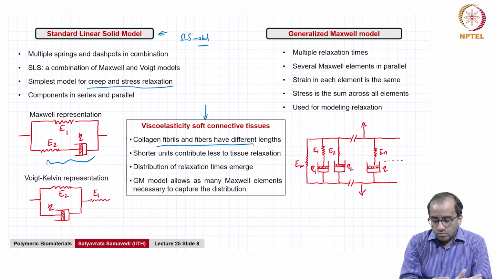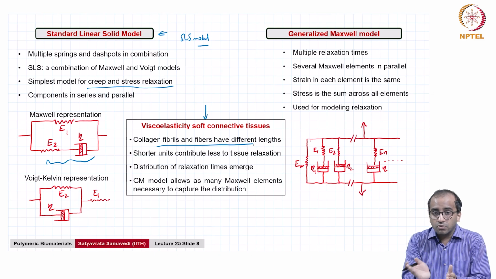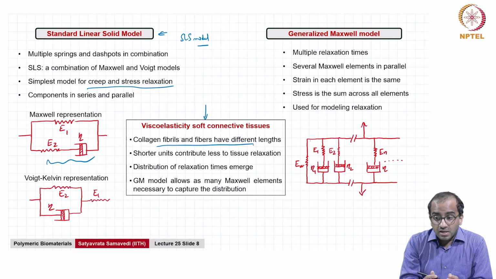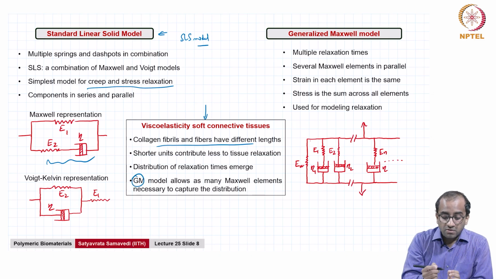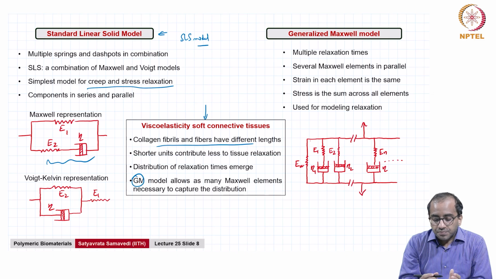And while the Maxwell model that we have just seen in this lecture is not able to recapitulate a multitude of relaxation timescales, the generalized Maxwell model is able to do that, and that is used to model stress relaxation quite well in polymeric materials, particularly polymeric biomaterials, right. So, the generalized Maxwell model uses many Maxwell elements such as shown here to capture this distribution of relaxation timescales.